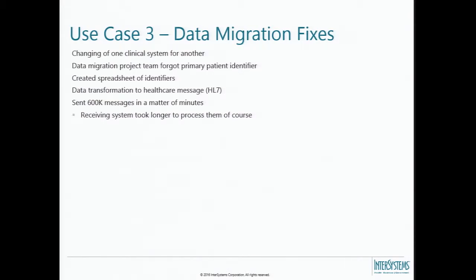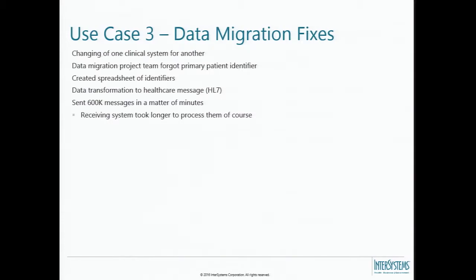What happened was that they were changing a clinical system, it happened to be a radiology system, going from one supplier to another, and there was a whole data migration project handled by the supplier. And what the data migration team forgot to do was run through the primary patient identifier. So essentially they forgot to put the NHS numbers through into the destination application.